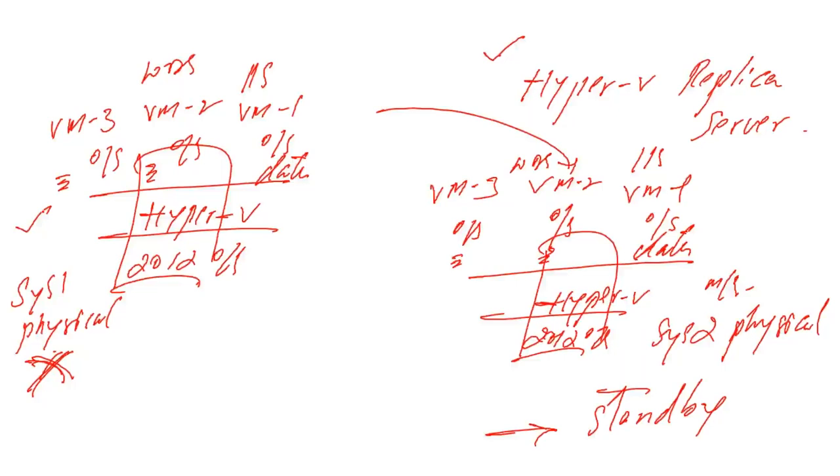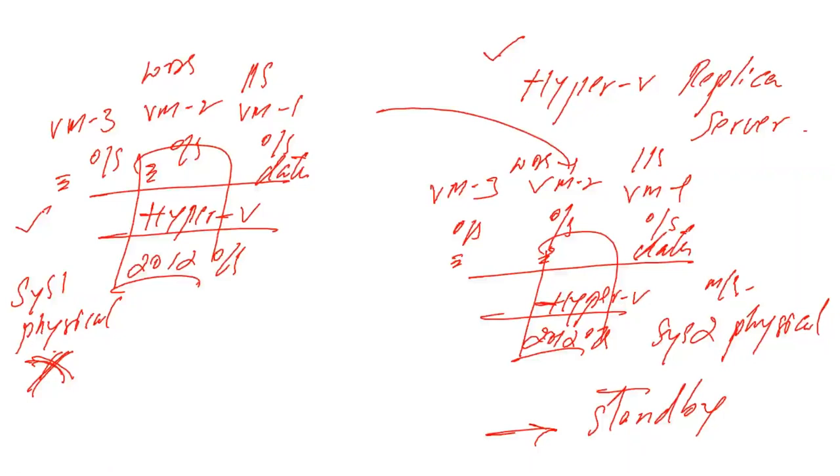We have to enable one service in the firewall, and that service name is Hyper-V replica HTTP listener. This service we have to enable in system 1 and also in system 2, in both machines. With the help of this service, data will be replicated. So please write down.